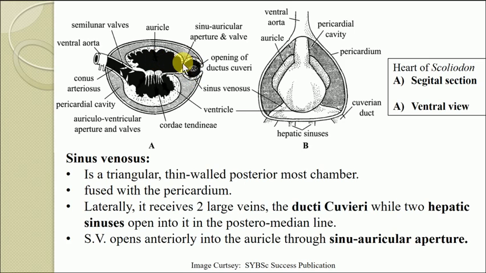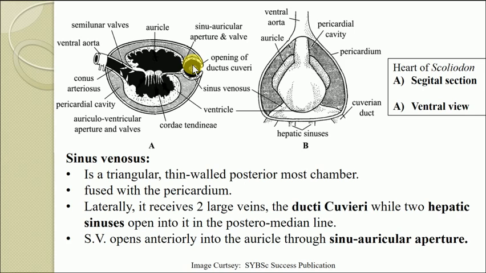So the sinus venosus opens into the atrium or auricle by an aperture. Obviously this aperture is referred to as the sino-auricular aperture, and that aperture is always guarded by a pair of membranous valves, which are referred to as the sino-auricular valves, or also as the sinoatrial valves.